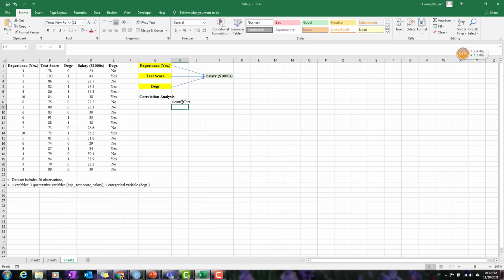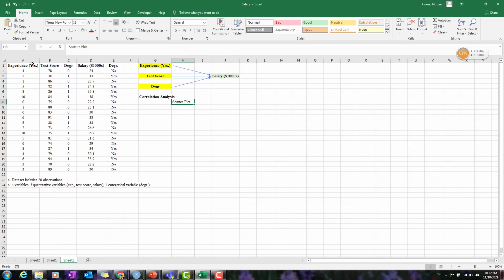For the scatter plot, you use two quantitative variables. So first of all, I want to see the relationship between salaries and experience. They are both quantitative variables.